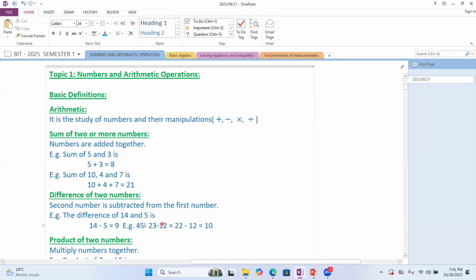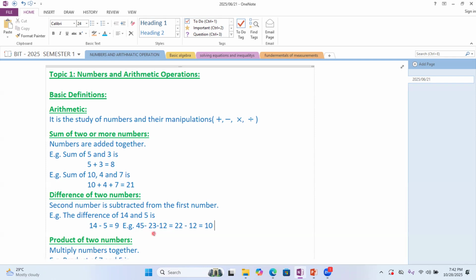There are 3 numbers. First we do the first 2 numbers, then we get the result 22, then the remaining, minus 12. Then we subtract 12 from 22 and get the result 10. So we can write subtraction with 2 or more numbers.